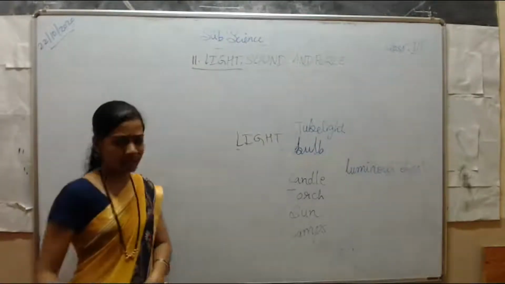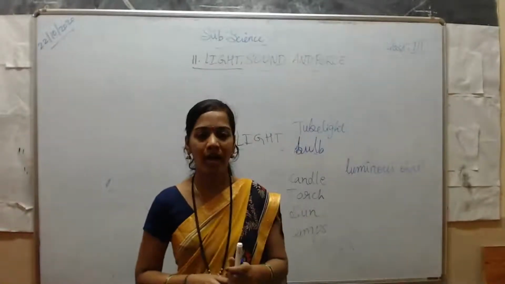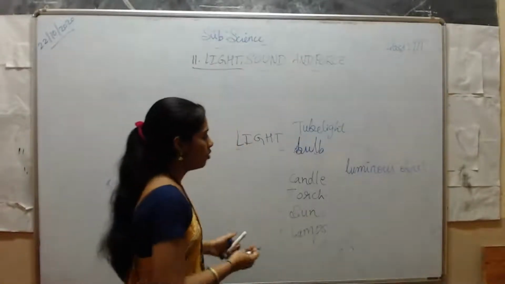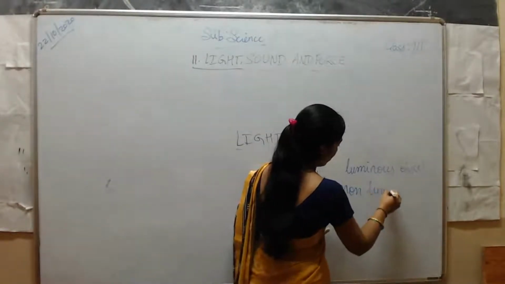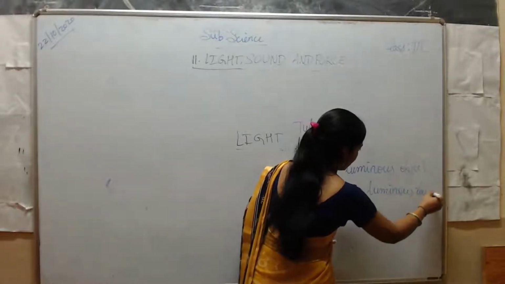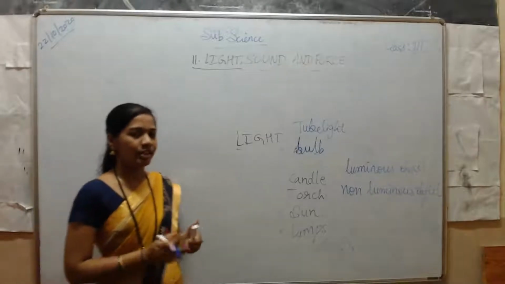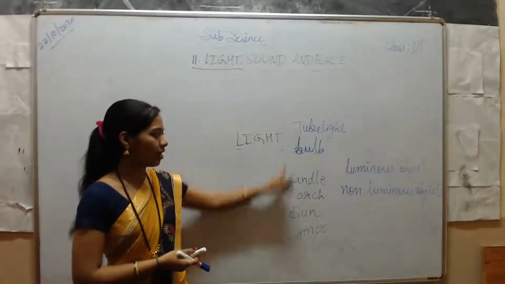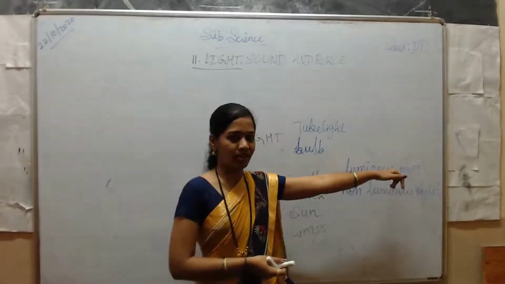The things which do not give out light are called non-luminous objects.